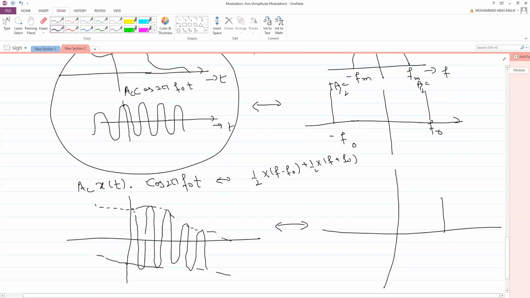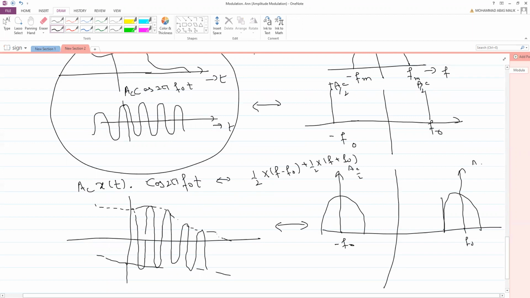The spectrum will look the same as this. Similarly, we have this is minus f naught and this is plus f naught. We have two spikes, each equal to AC by 2.